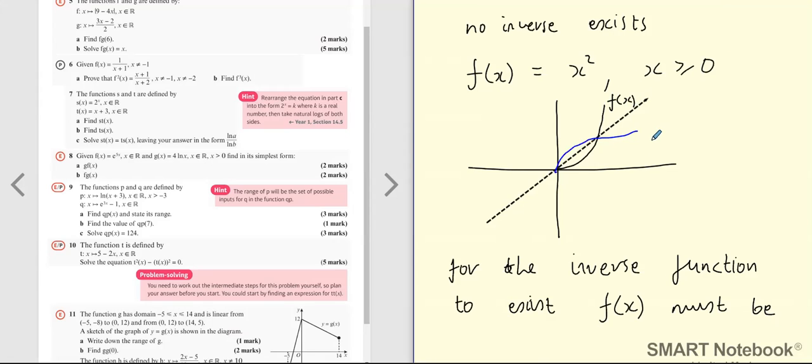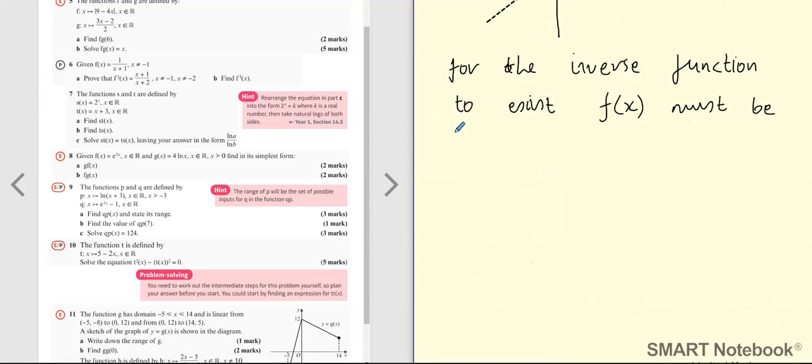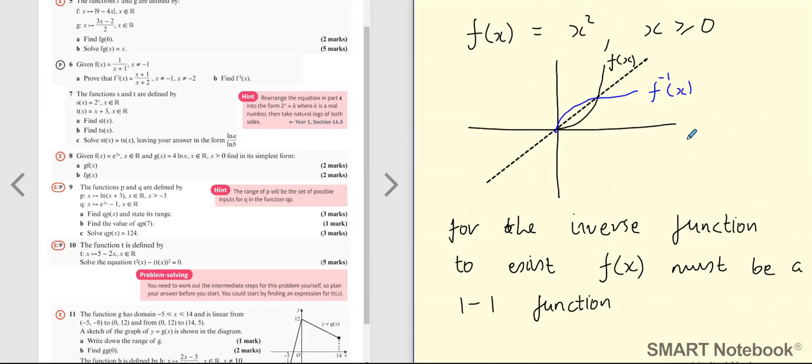For the inverse function to exist, f of x must be a one-to-one function. Very important. If we have many to one, then no inverse will exist. Okay, this is very important.